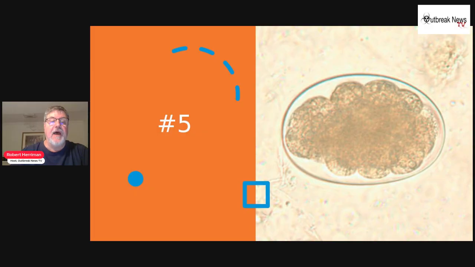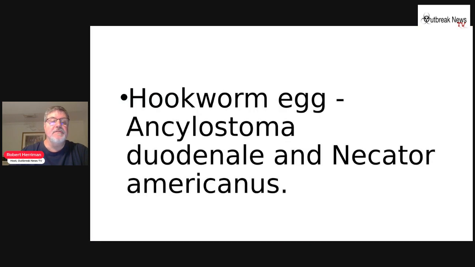Okay, number 5. Let's get a description of this. This stage of the parasite is thin-shelled, colorless, and measures 60 to 75 microns by 35 to 40 microns. What do you think? Okay, the answer is it's a hookworm egg.